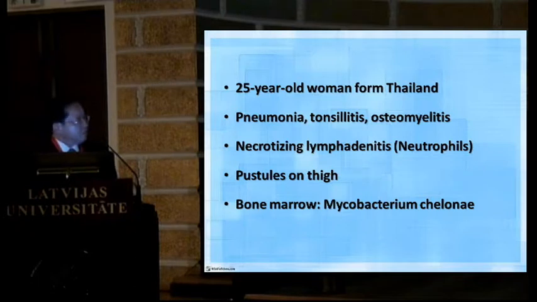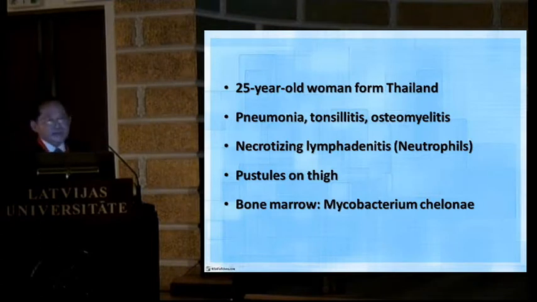An interesting thing is this patient was a 25 year old woman from Thailand. I'm sure she was in Berlin for about 8 years. And she had a very complicated and long suffering story, including pneumonias, tonsillitis, osteomyelitis, and lymph node biopsy from the cervical neck.